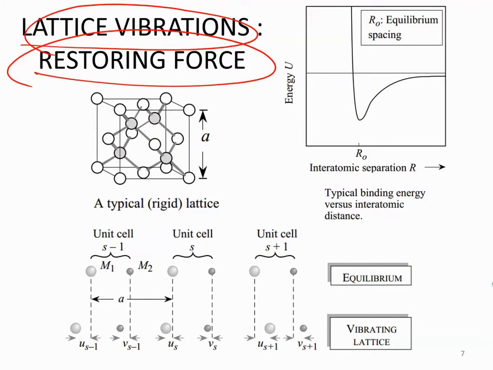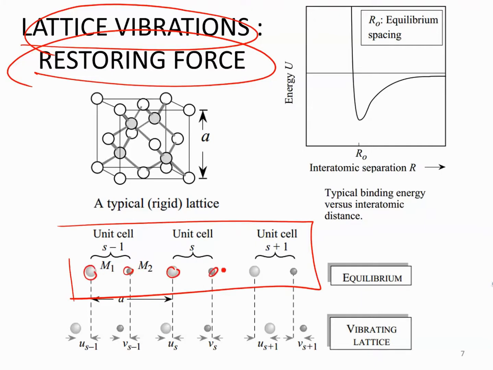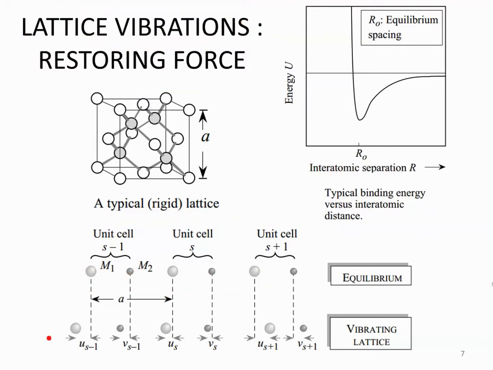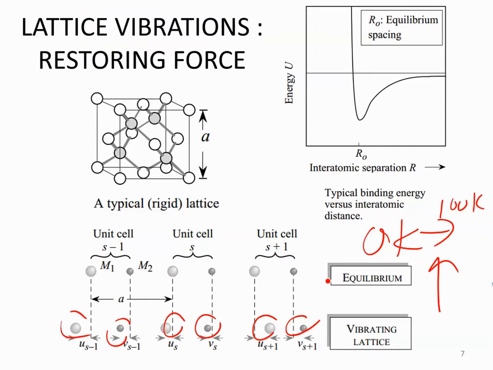So you can look at this one. At equilibrium state, everything is static, and the distance between the similar atoms is A. In here we use A. However, when you increase the temperature from 0K to maybe 100K or any other temperature, now you see that the atoms are actually moving.